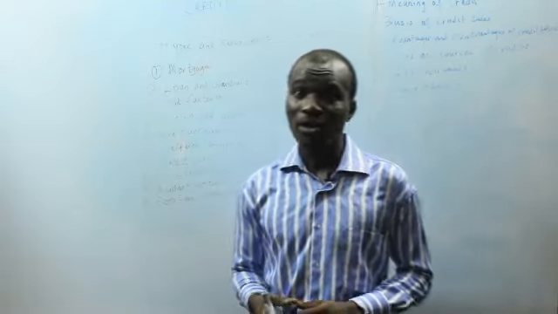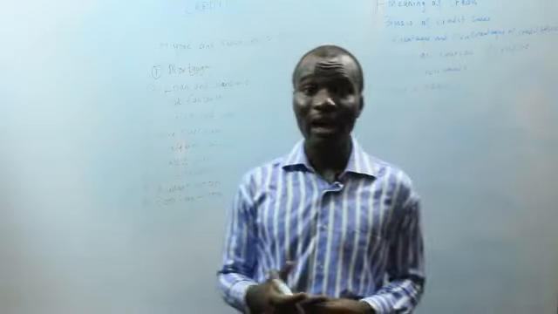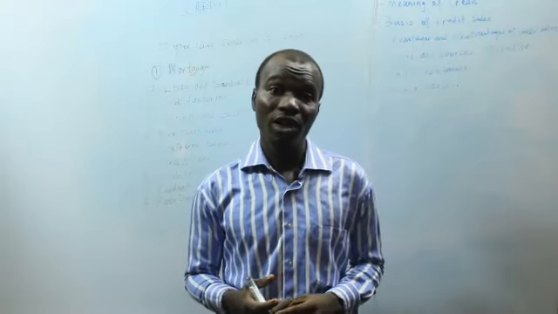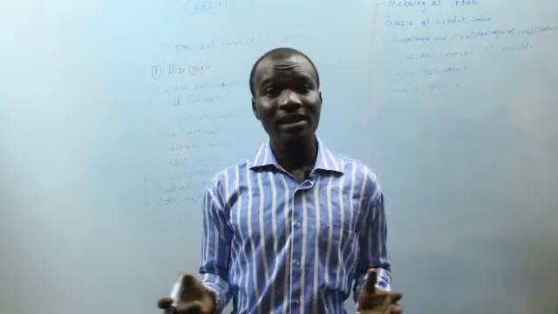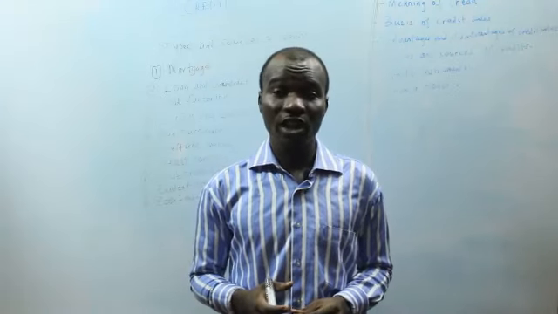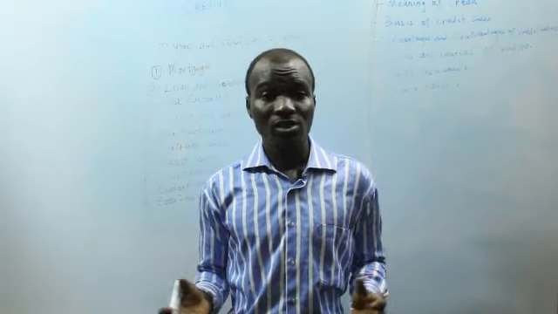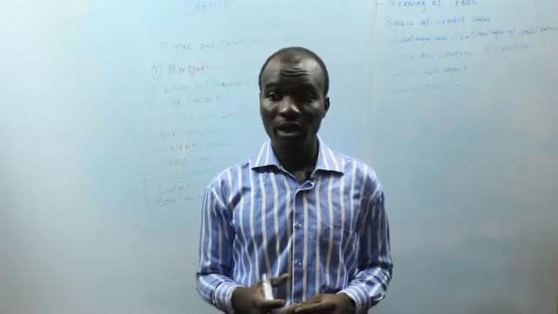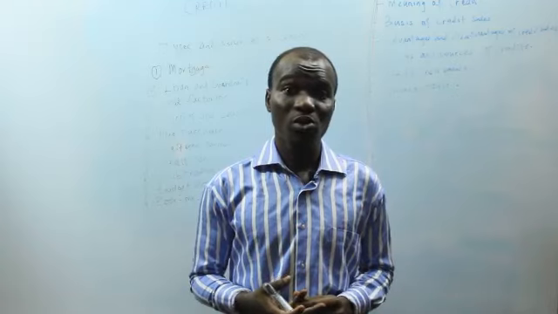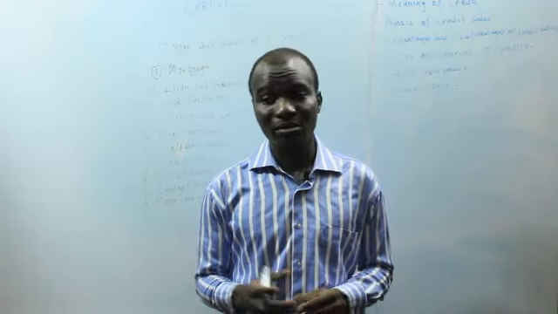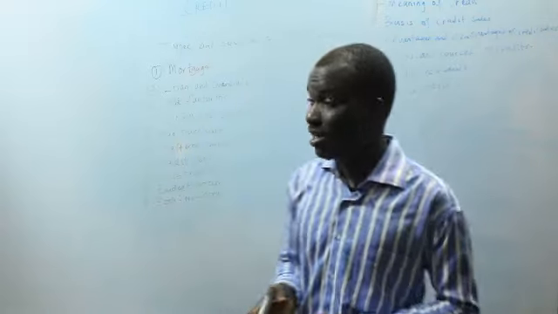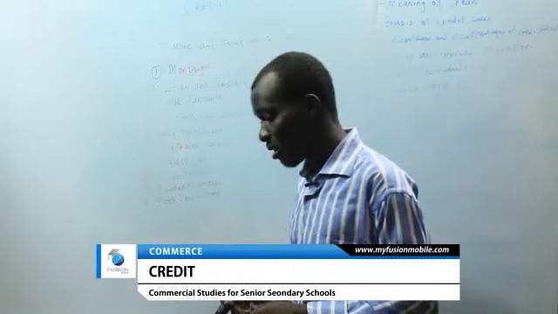When talking about a mortgage bank, it's usually an agreement between the mortgagee and the mortgagor. The mortgagor gives the amount of loan to the mortgagee in order for the mortgagee to be able to acquire the landed property. That is what mortgage is all about.